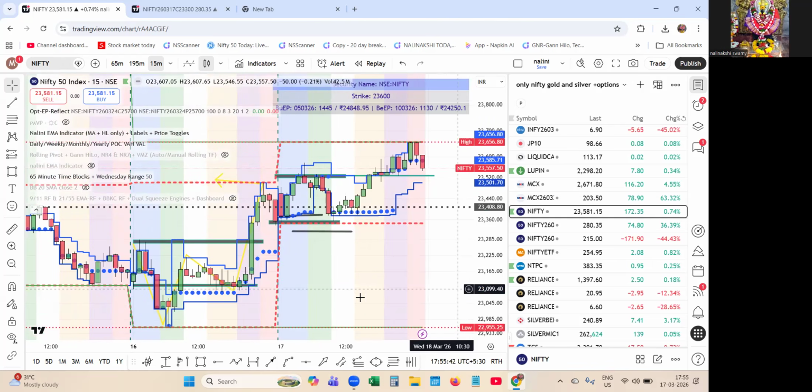Why 65 minutes? This 65, the third hour, forms the middle of the day that runs between 11:45 to 12:15. You can see 1, 2, 3, 4 candles, 4 15-minute candles.